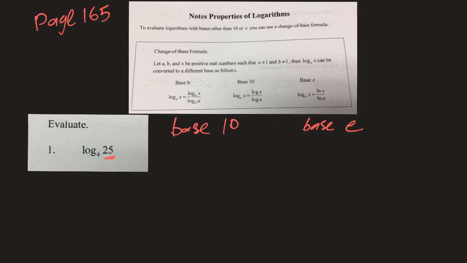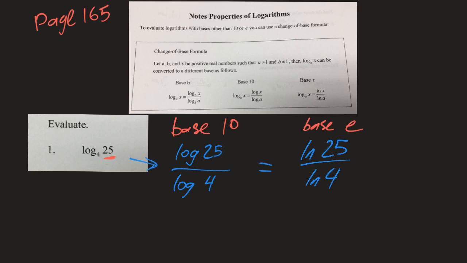So if I was rewriting this original problem as either base 10 or base e, we could write this as log base 10 of 25 over log of 4. And this would be the same thing as natural log of 25 over natural log of 4. So all three of these are equal.